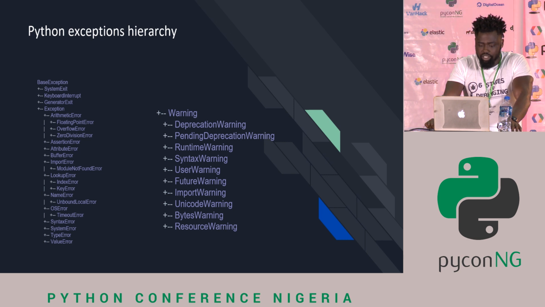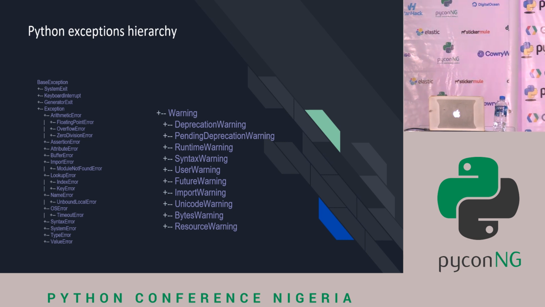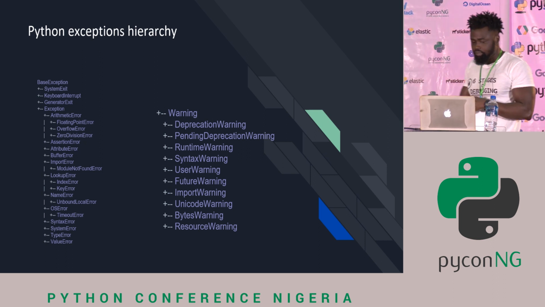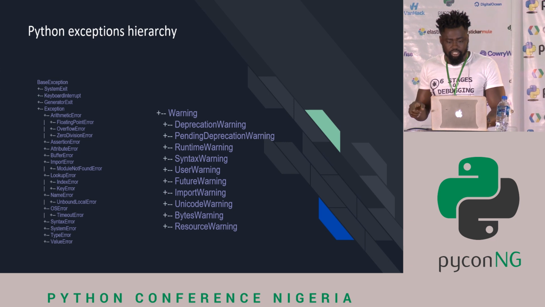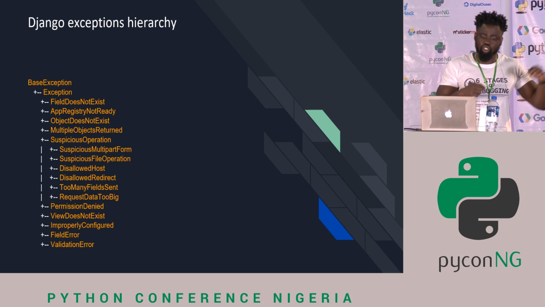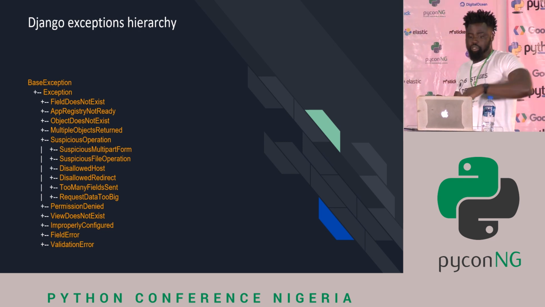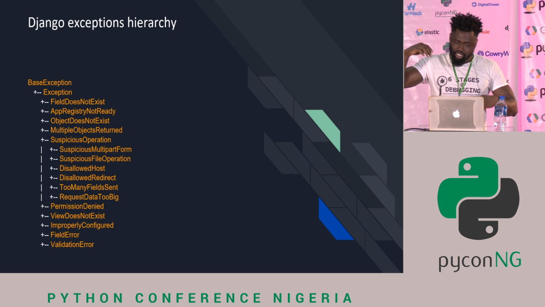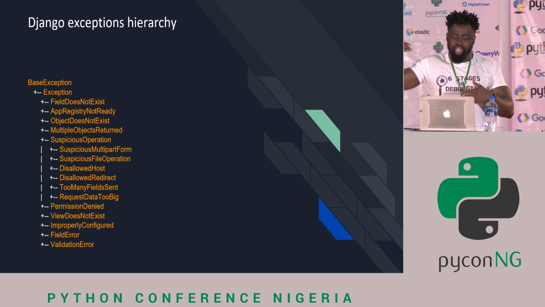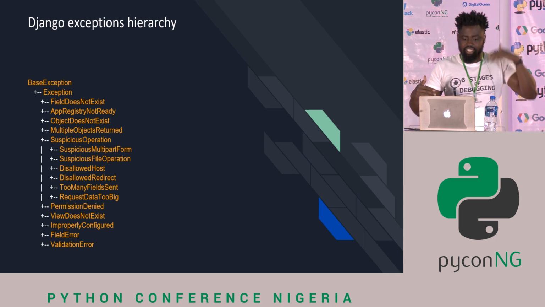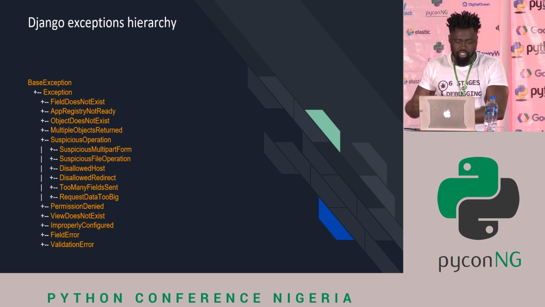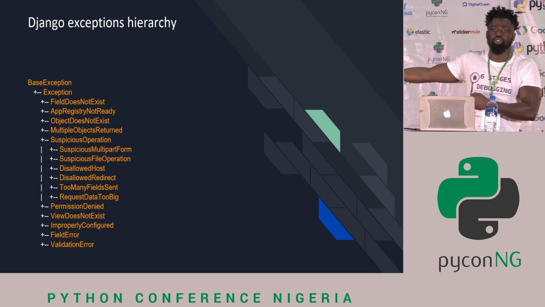And what this does is it allows you to think logically about the different kinds of errors that might crop up in your code. And I'm going somewhere with this, because as you can see in the next slide, Django follows a similar tradition with exceptions. So in Django, similar to the way Python works, you have the exception at the top, and you have other kinds of errors extending the exception class, but describing different kinds of possible errors, such as multiple objects returned.